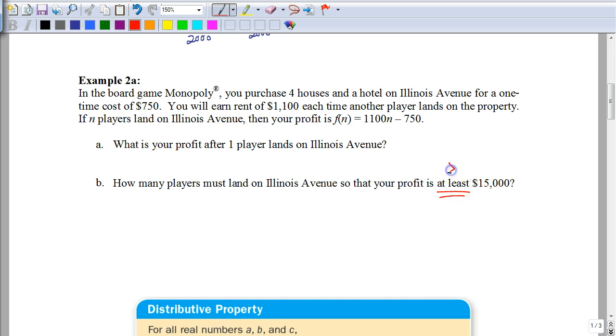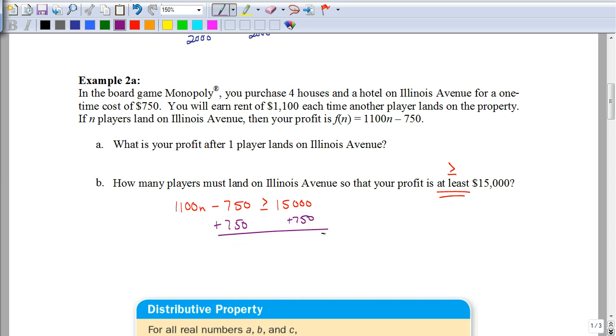Now when you see that word at least, it means greater than or equal to, because it could be exactly $15,000 or more than that. So when I set up this equation, I need to make sure I use the right symbol there. Greater than or equal to 15,000. When I go to solve this one, I'm going to do just like the other one. I would add 750 to both sides.